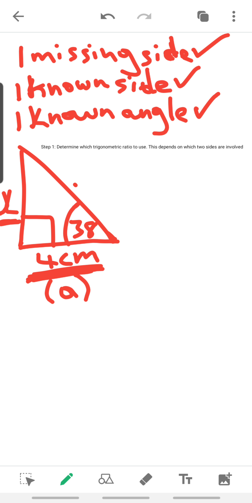So this 4 cm is actually our adjacent, because it is the side right next to our given angle, which is our 38. And the x is our opposite side, because it is directly opposite to this 38 degrees.